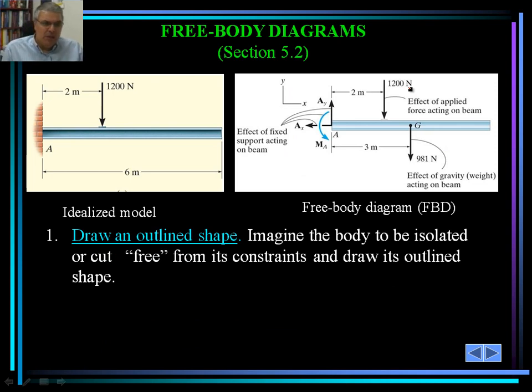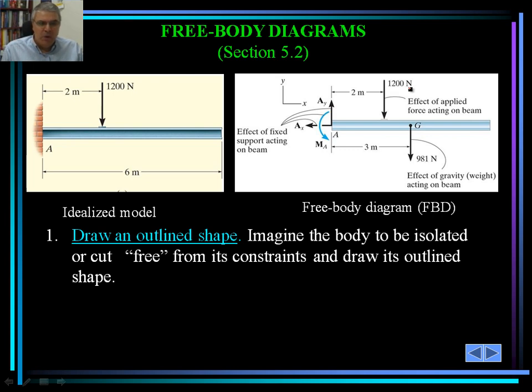The model on the right hand side is our free body diagram. As you can see on the free body diagram, the weight of the beam itself is shown. Also, the 1200 Newton external force is shown. Also shown here is the reaction of the support at point A.